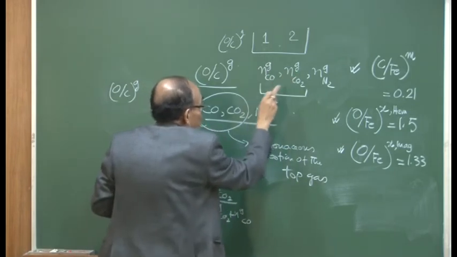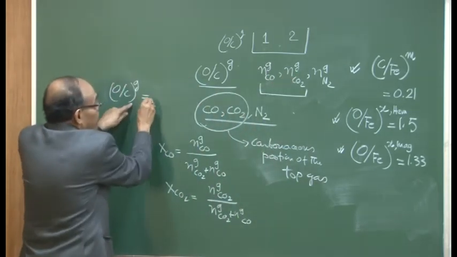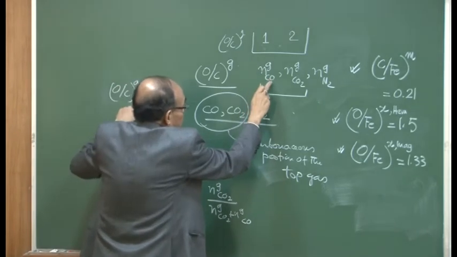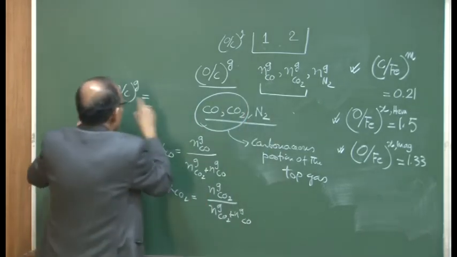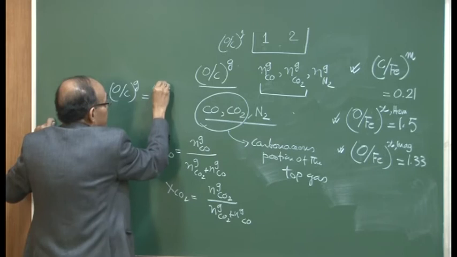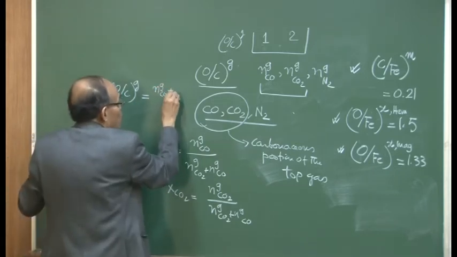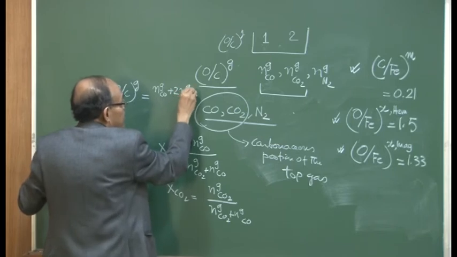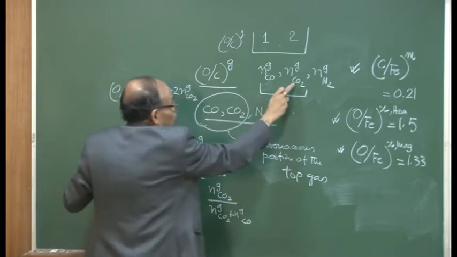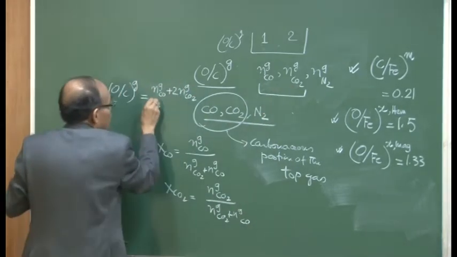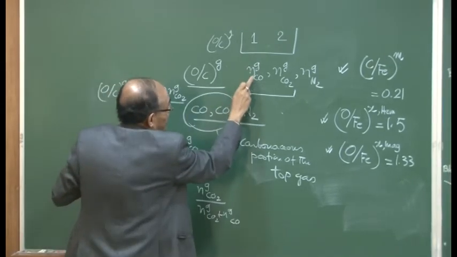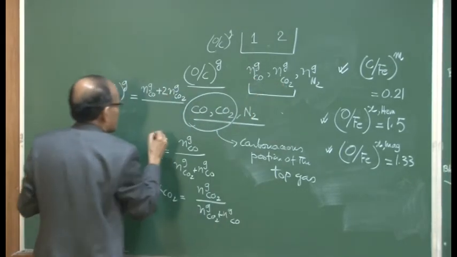We can see that the O by C ratio of the gas in the carbonaceous portion, for NgCO and NgCO2, is NgCO oxygen, because it is 1:1, plus 2 times NgCO2, because 2 moles of oxygen come from here, and carbon is 1 here and 1 here as far as the formula says.